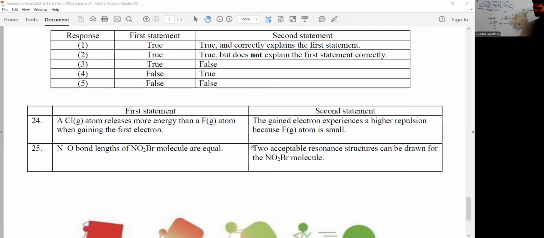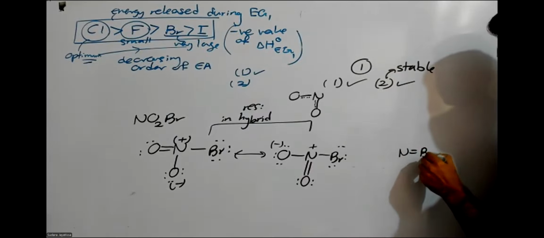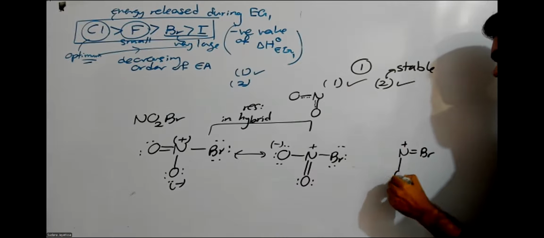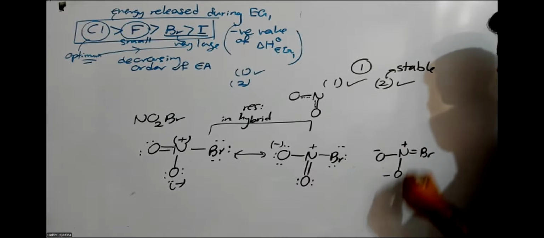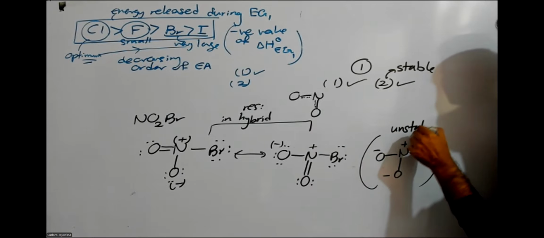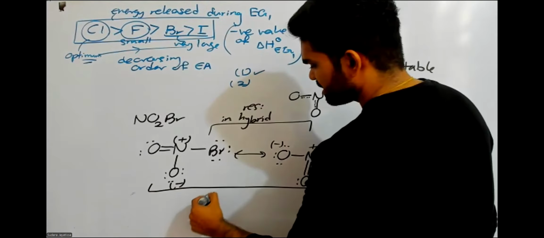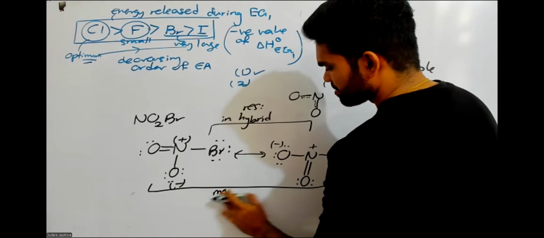The reason is that you can draw an unstable structure too. In that structure, there will be a double bond between bromine and nitrogen and 2 single bonds with oxygen. So this is unstable, and it contributes a small fraction to the hybrid. And these two are the stable ones.